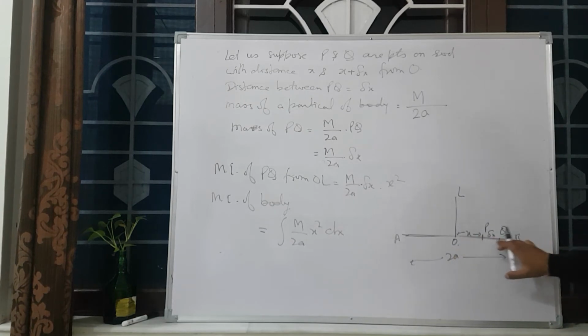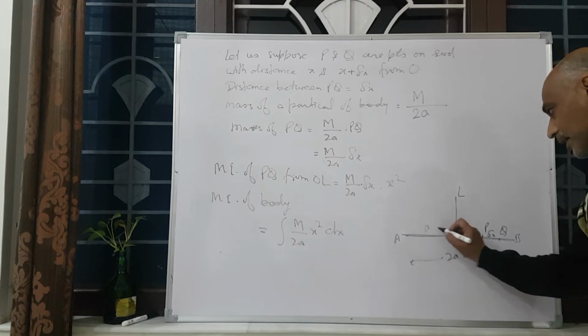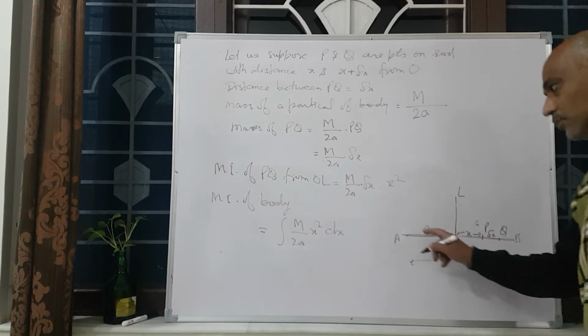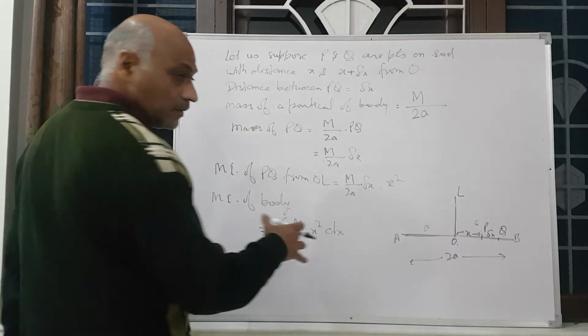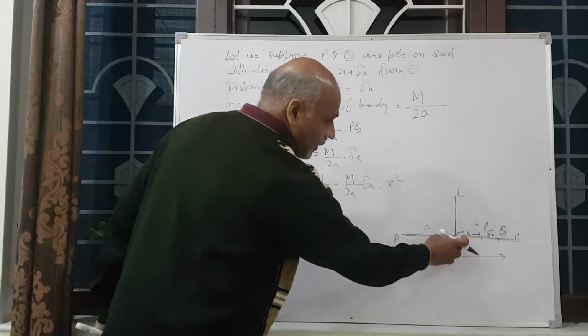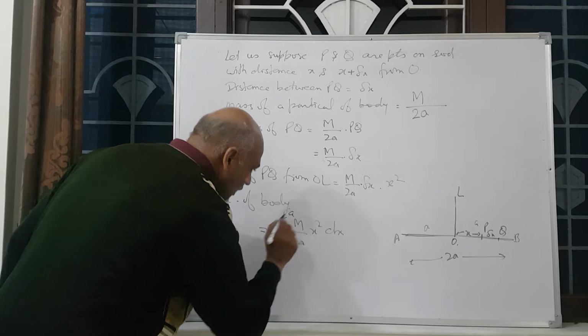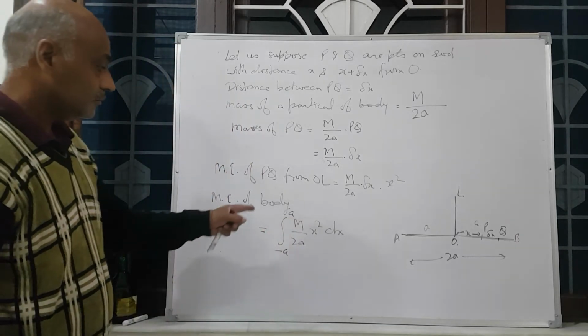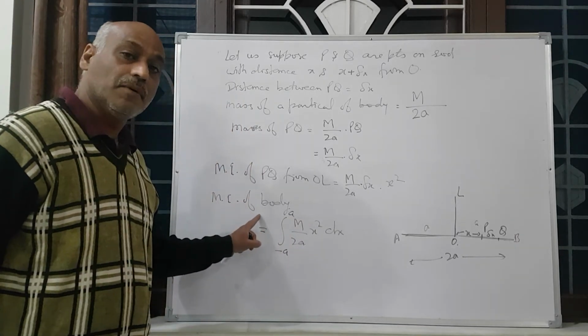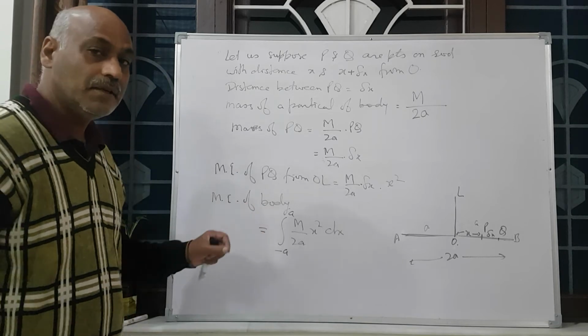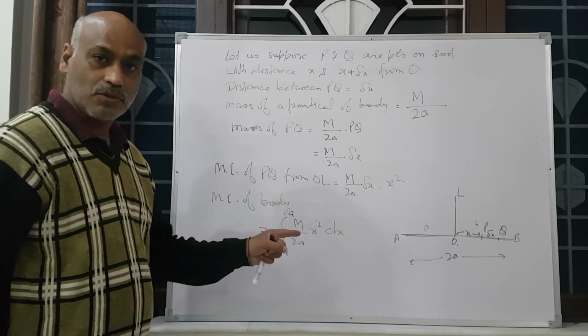So this distance is a and this is a. So x varies from minus a to a, if we have to find the moment of inertia about the line passing through the middle point and perpendicular to the rod.